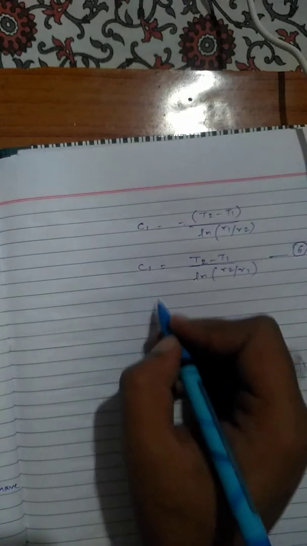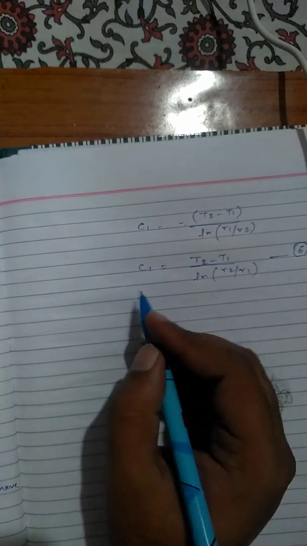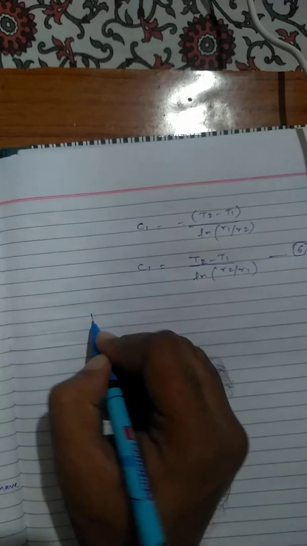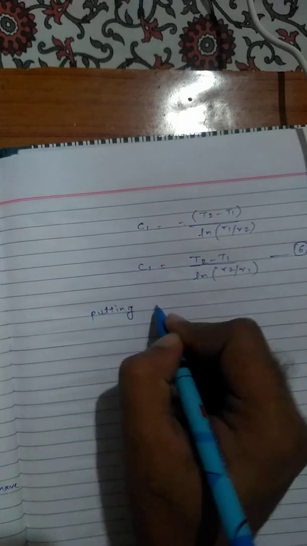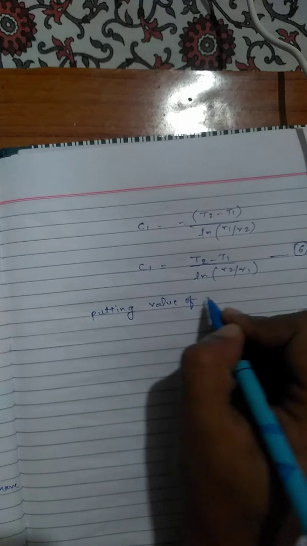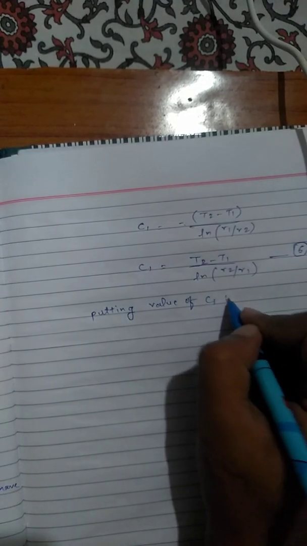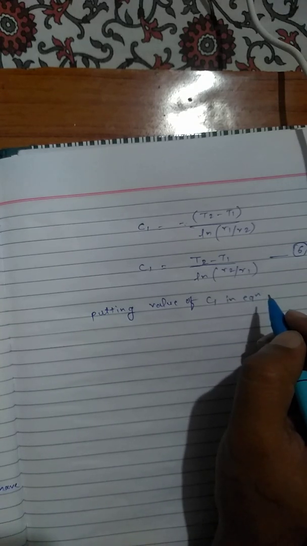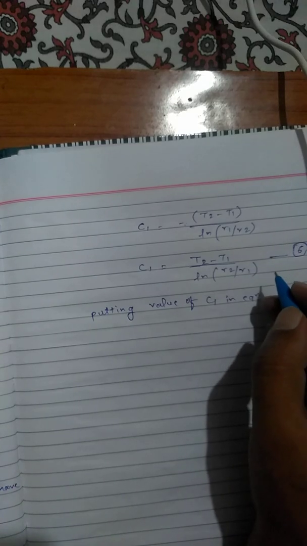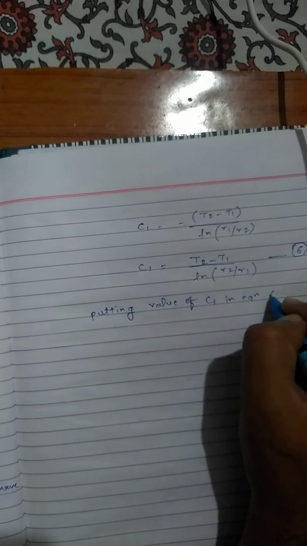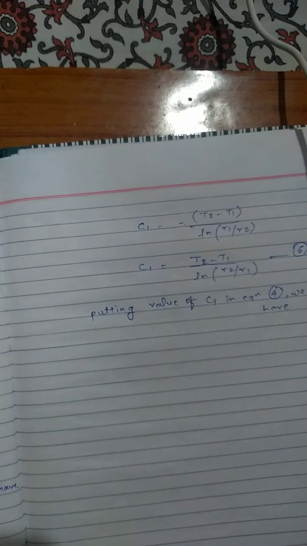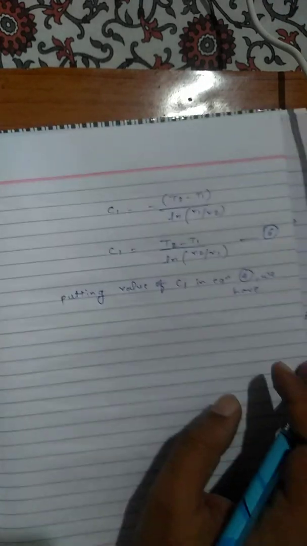How to find the value of C2? Just put the value of C1 in equation number 1 or 2, and you will get the value of C2. So putting the value of C1 in equation number 4, what do we have?